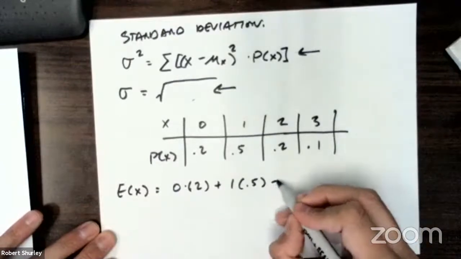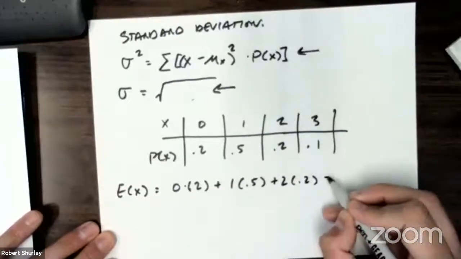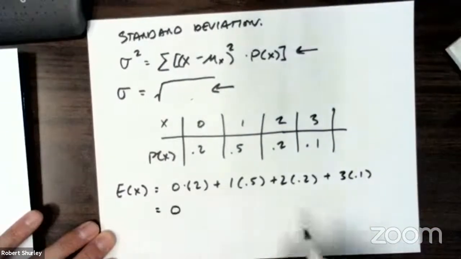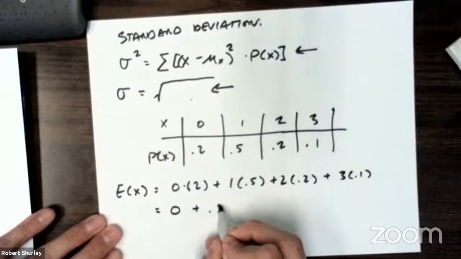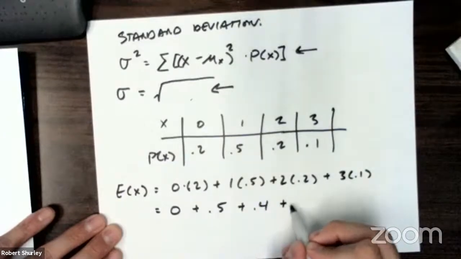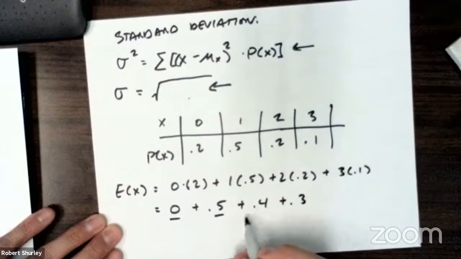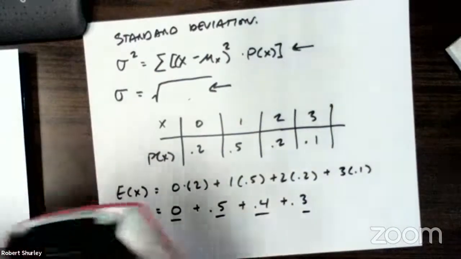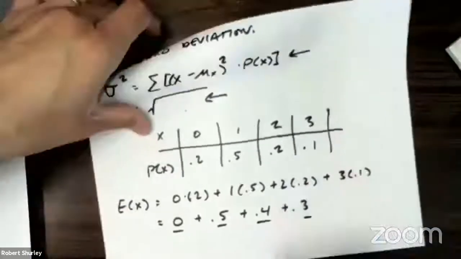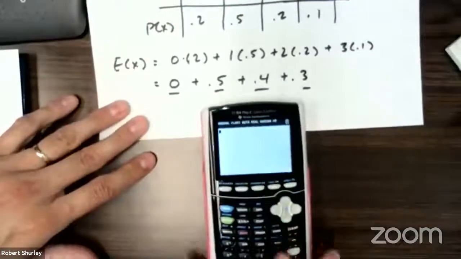You remember this part, right? This is going to be our list: 0 plus 0.5 plus 0.4 plus 0.3. We're going to make a list, so I'm going to put that here.